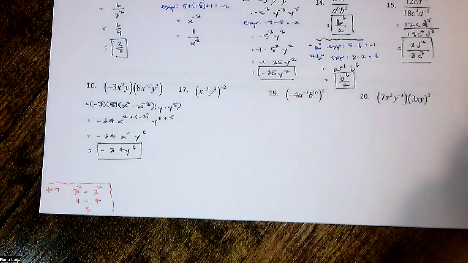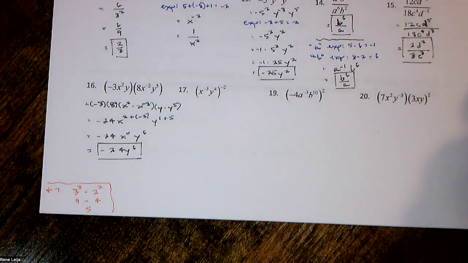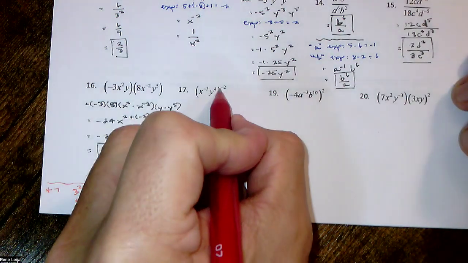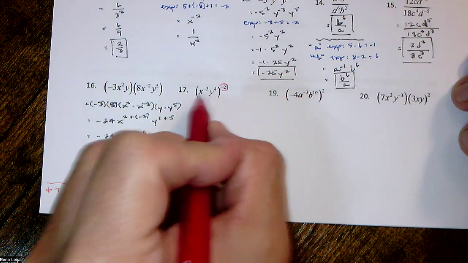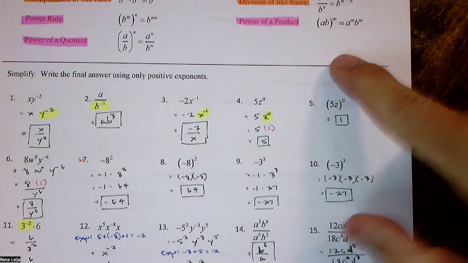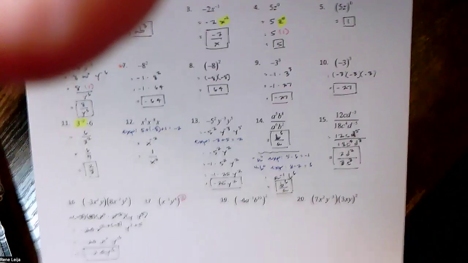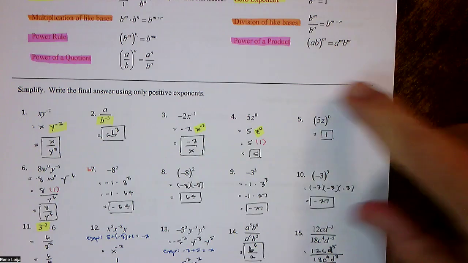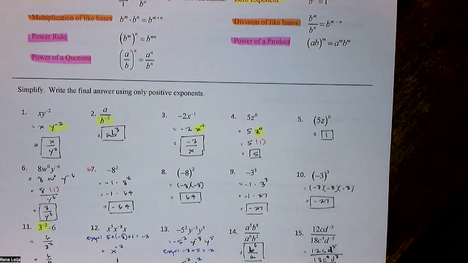Okay. All right. Now 17. So we have this outside exponent of the negative 2. And then inside, we are multiplying x to the negative 3 times y to the fourth. And that is your power of a product. So when I have the power of a product, I distribute the outside exponent.